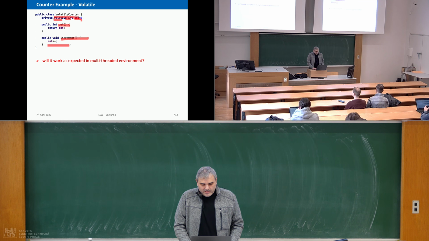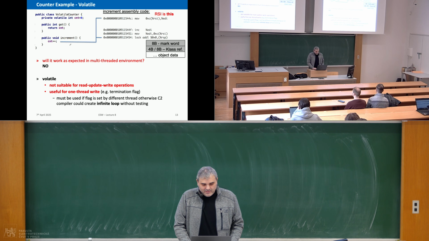As you can expect, because I am asking specifically about this, it is not working like a counter. Why? If you look at the assembly code of the increment method, which is interesting for us, you can see that first we are reading data from the counter into a local register, then performing an increment of that register, and then writing that value back to the same counter.